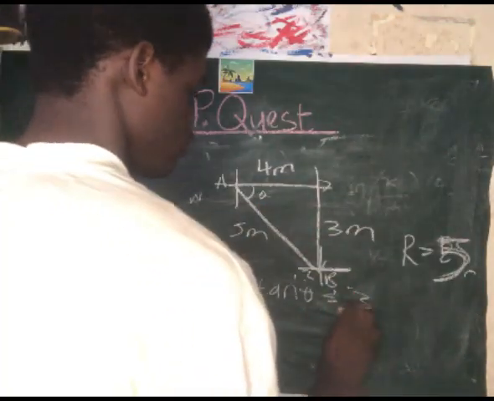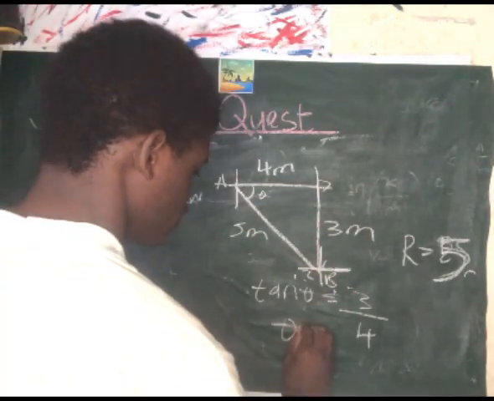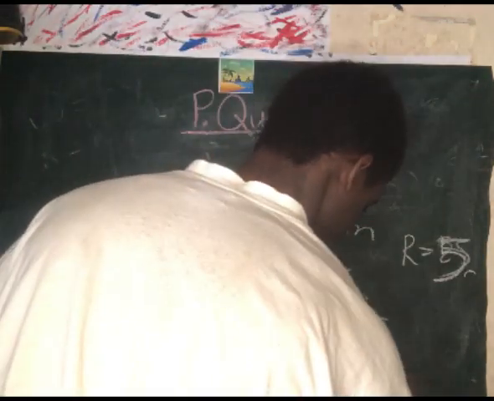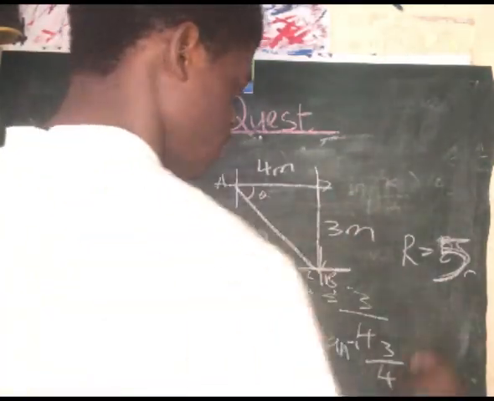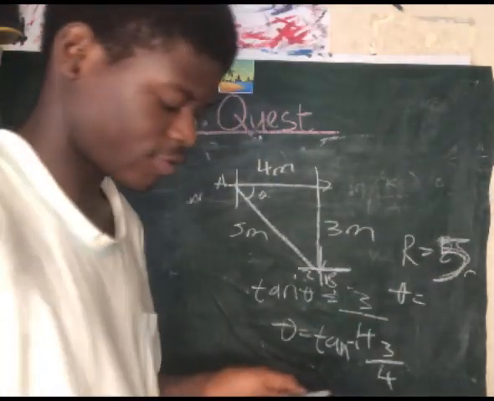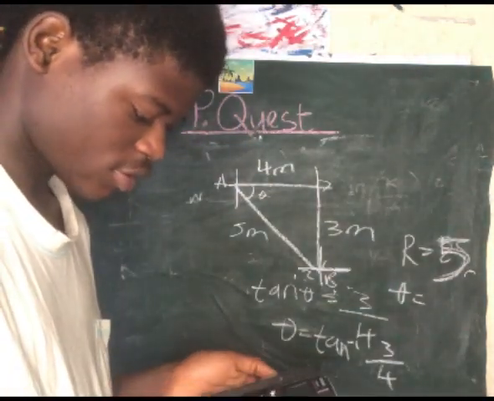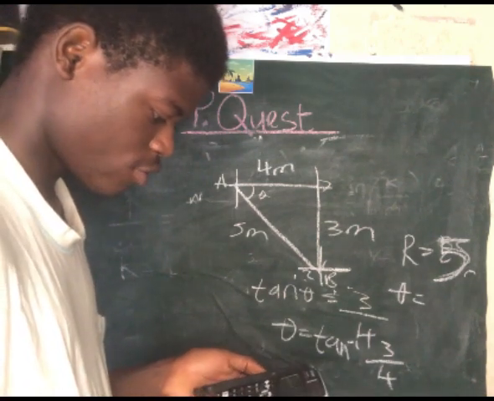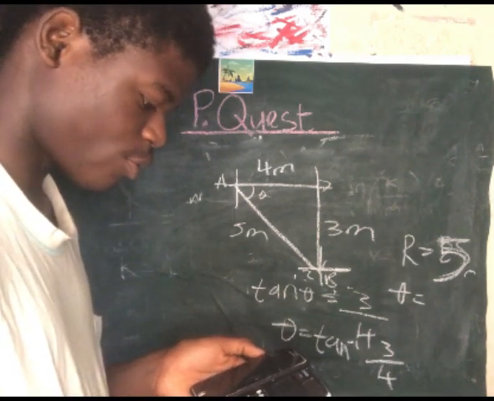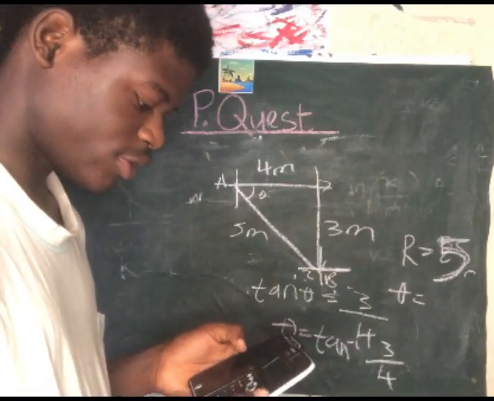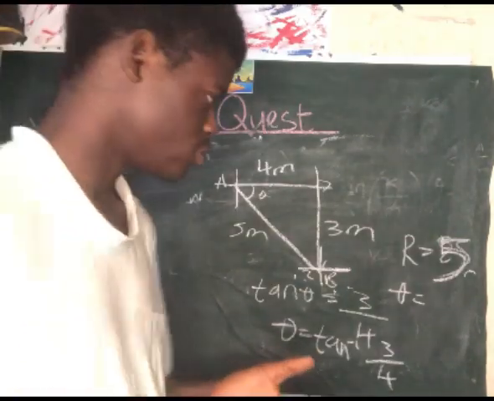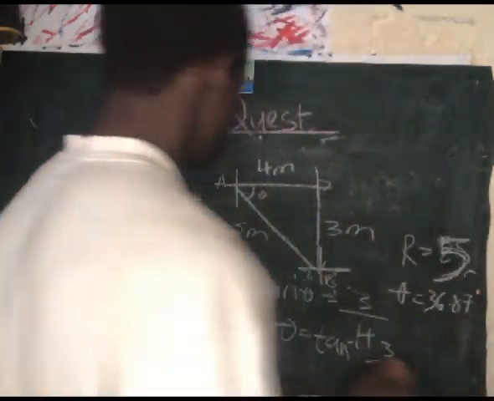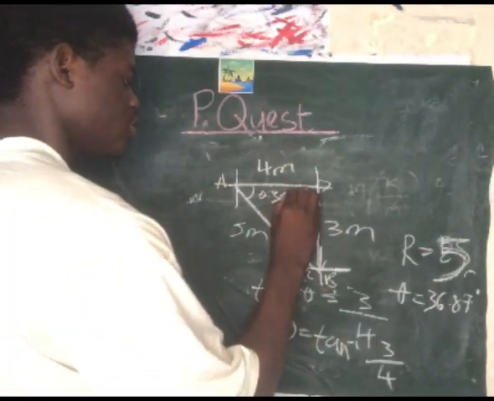That's 3 over 4. Theta will be the arctan of 3 over 4. And that's 36.87 degrees.